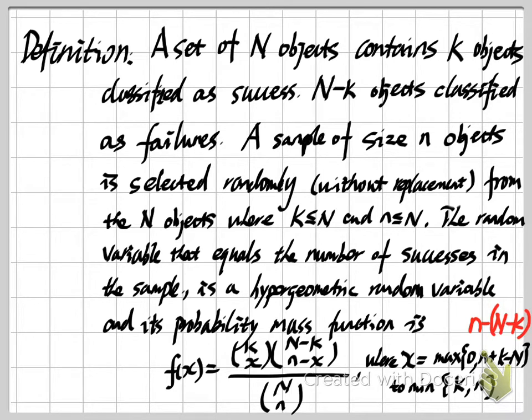So capital N minus K is the number of failures in our population. And small n minus small k is, for our samples, the number of successes in the sample should be smaller than the number of successes in the whole population.